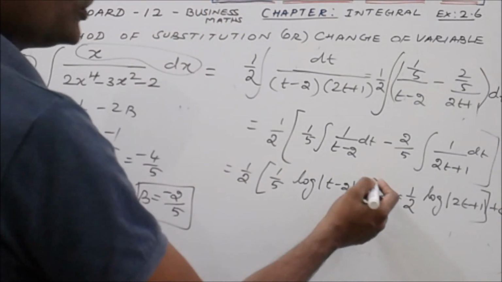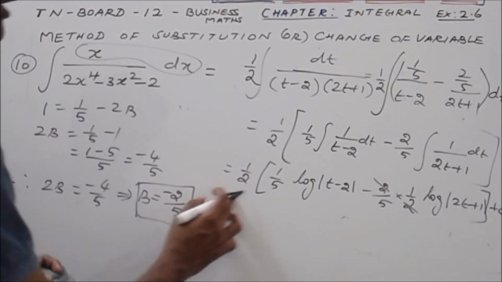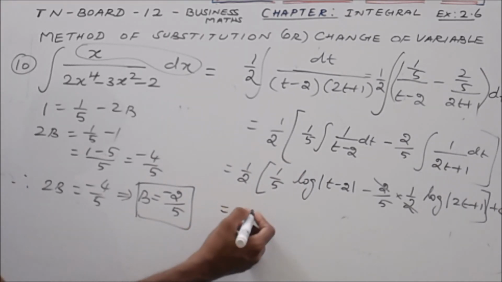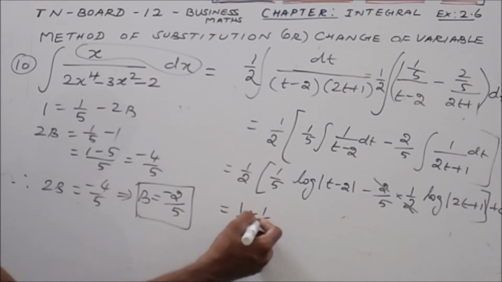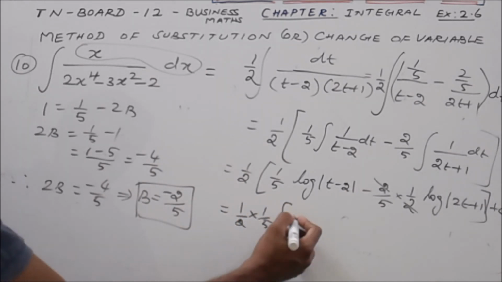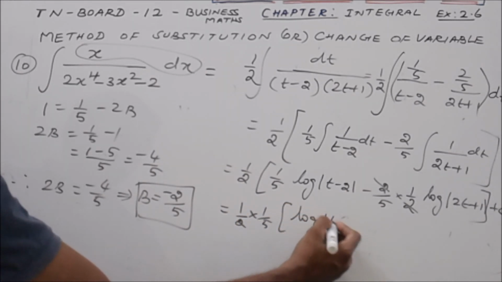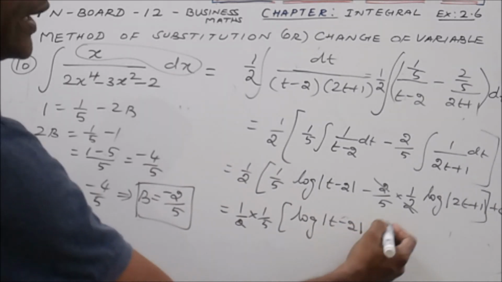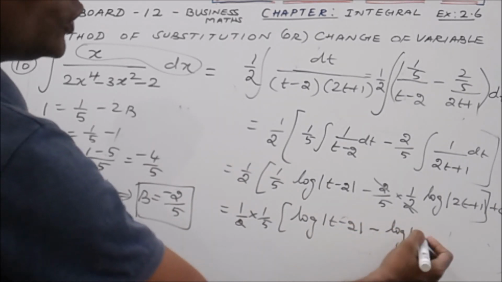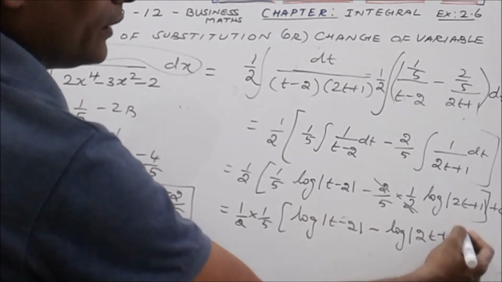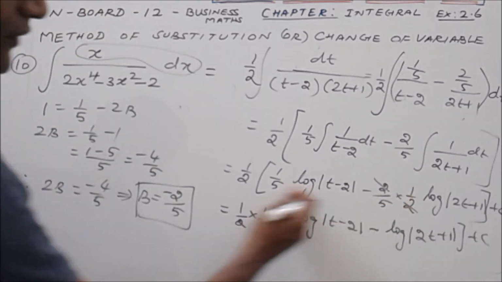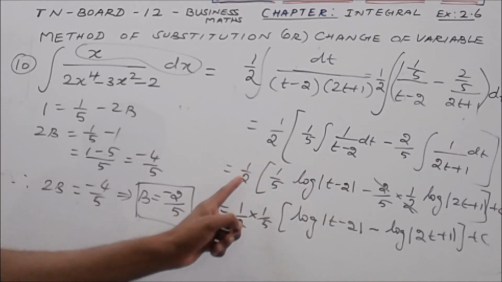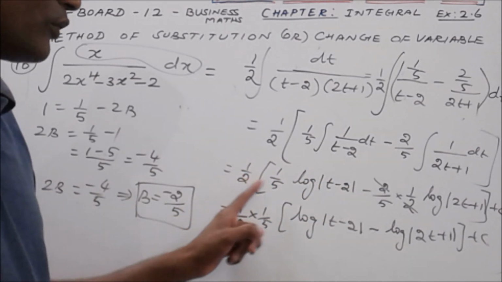By simplifying, these two get cancelled. Multiplying 1 by 2 inside, taking 1 by 5 out, we have 1 by 2 into 1 by 5 into log of t minus 2 minus log of 2t plus 1 plus c. Now taking 1 by 5 common from both the terms, it will be multiplied here, 1 by 2 into 1 by 5.